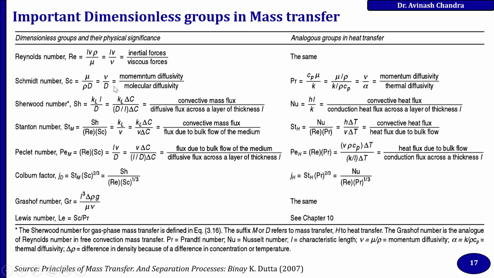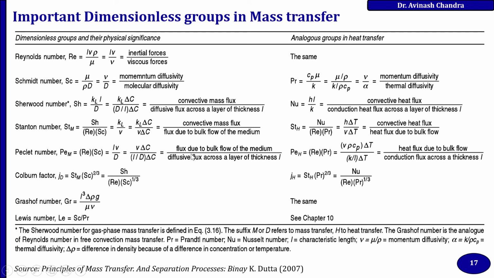Schmidt number will provide the ratio of momentum diffusivity upon molecular diffusivity. Sherwood number is the dimensionless mass transfer coefficient. Stanton number is the combination of Sherwood number, Reynolds number and Schmidt number, and the Peclet number is the multiplication of Reynolds number and Schmidt number.